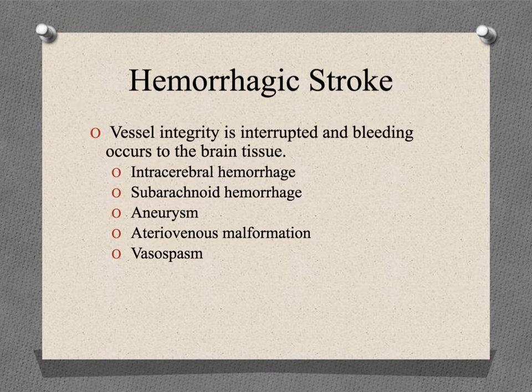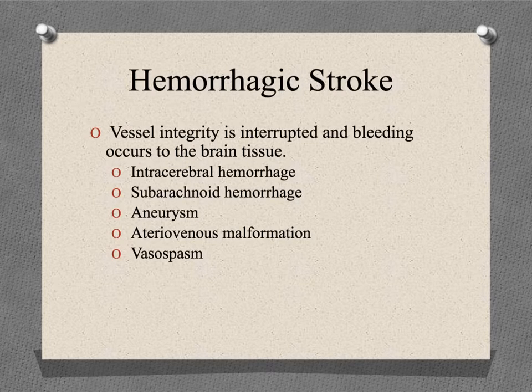Okay, looking more specifically at hemorrhagic stroke. Hemorrhagic stroke has several different causes. They all lead to some type of bleeding within the brain tissue, which leads to edema in the brain. It's irritating to the brain, so you're going to see cognitive changes and signs and symptoms of a stroke within your patient.